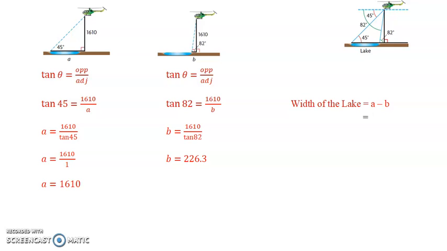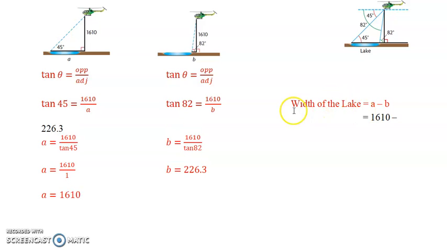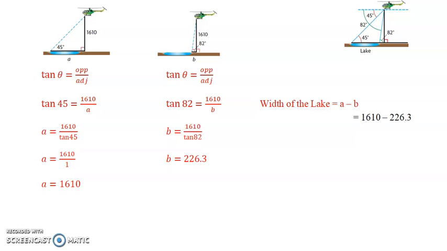Which is equal to 1610 minus 226 decimal 3. So the width of the lake is equal to, we subtract those two numbers and we get 1383 decimal 7.